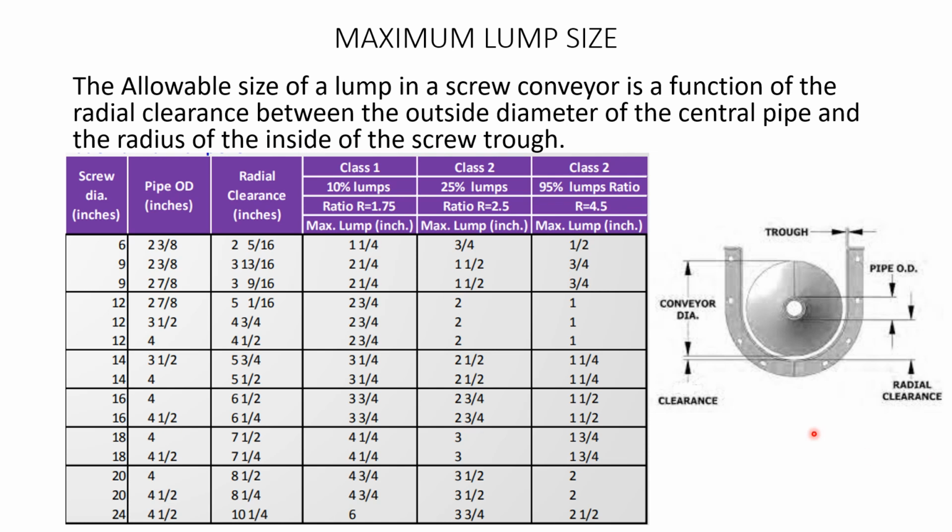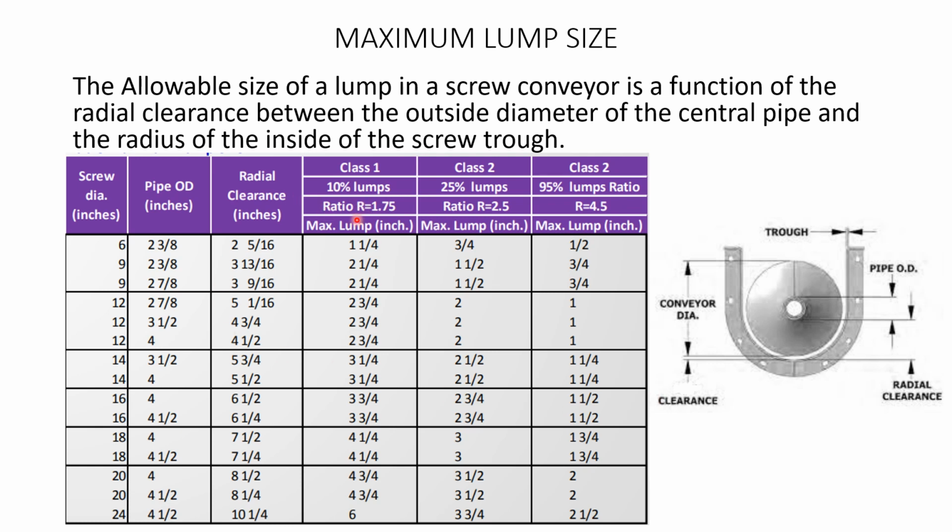Depending upon the lumps available, we'll define the radial clearance. Because what will happen if you don't define the radial clearance? At the end, the flowability of material through your screw will be problematic. It will have problematic conveying. To avoid that, we initially define the lump size of a material, which class the material lumps are, class 1, class 2 or class 3, and based on that we'll provide the radial clearance.